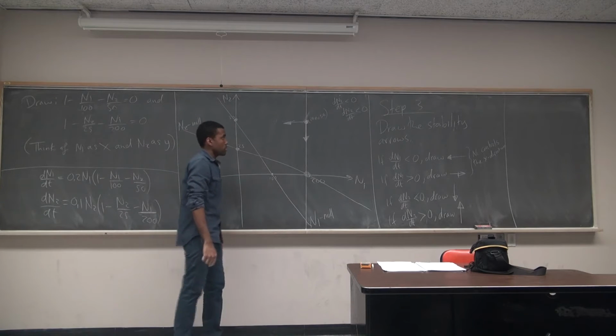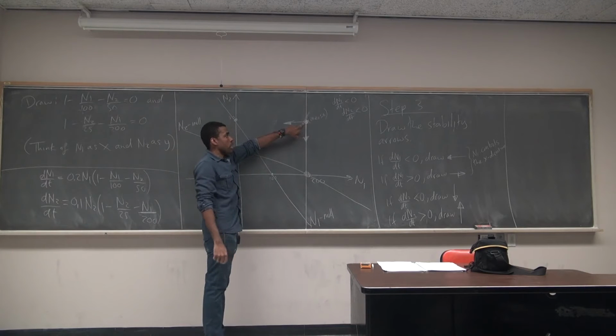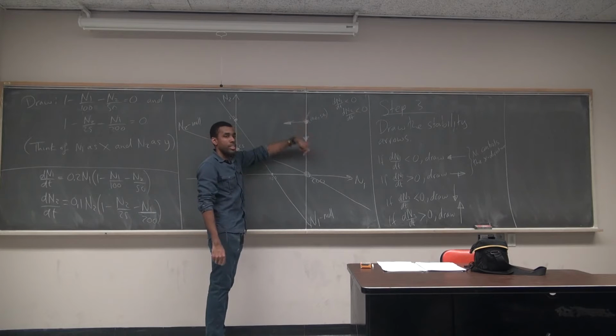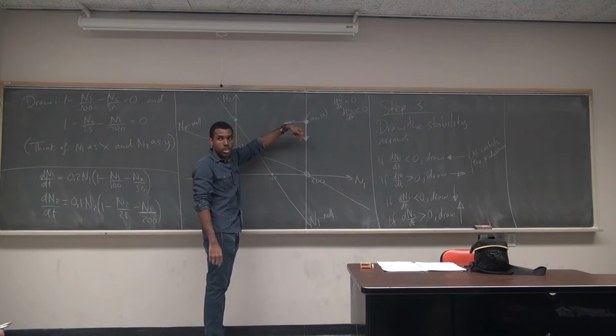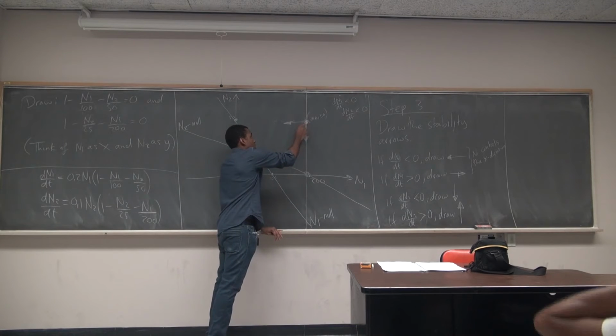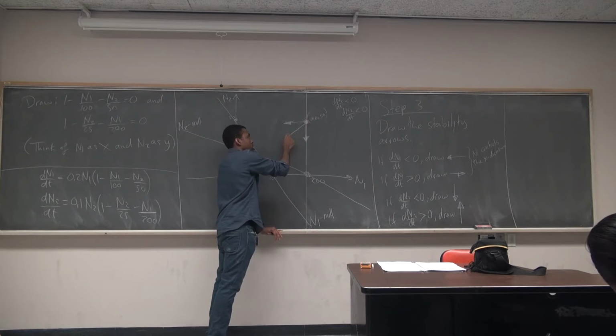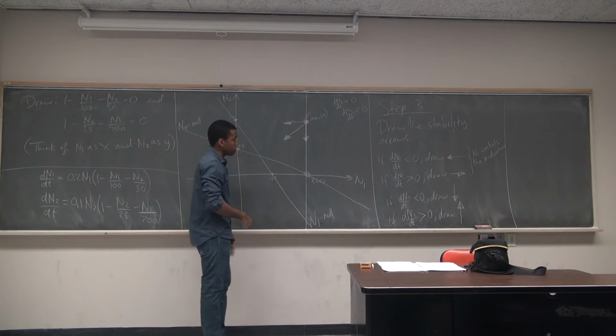So if my solution is at this point, what is it doing? It's moving to the left and down. I'm figuring out how my solution will behave, which means its direction is sort of heading this way. Right?